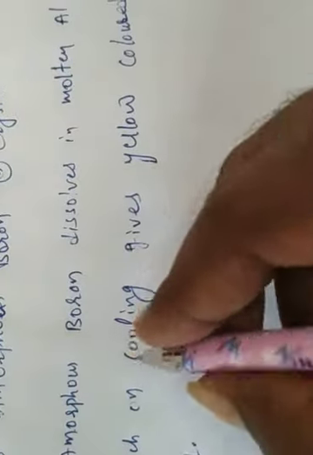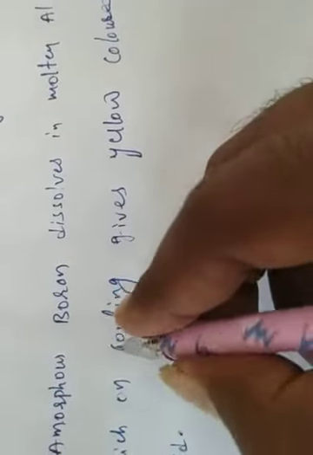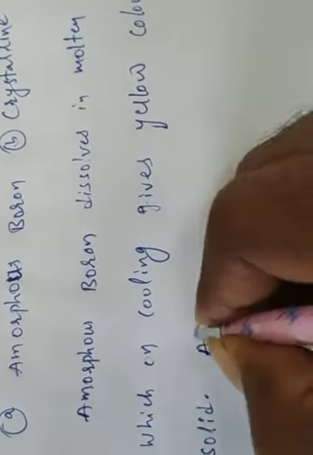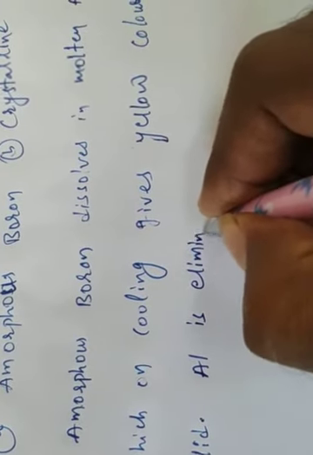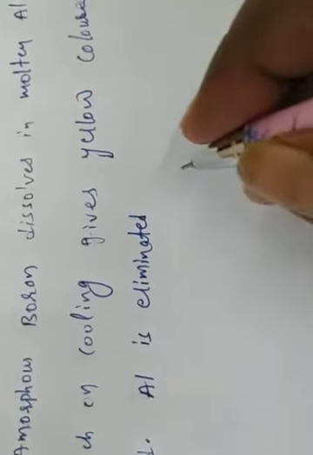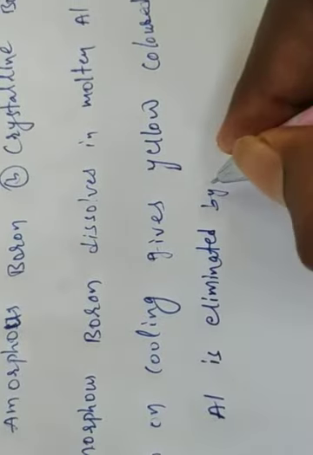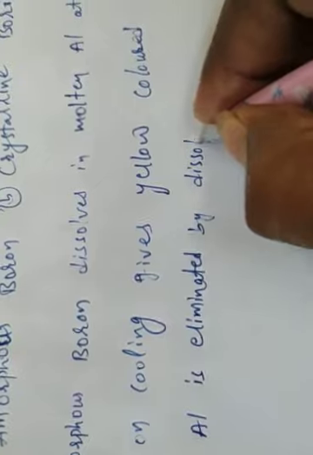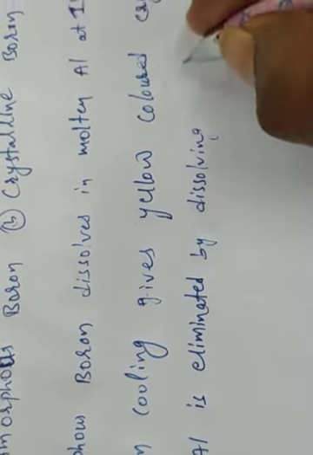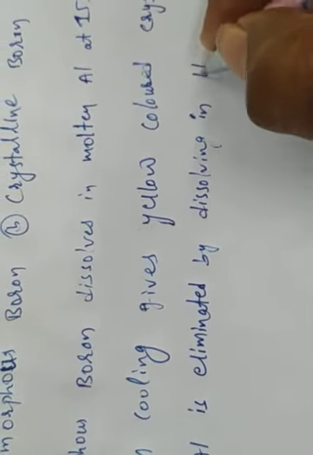Aluminium is eliminated by dissolving in HCl. HCl means hydrochloric acid.